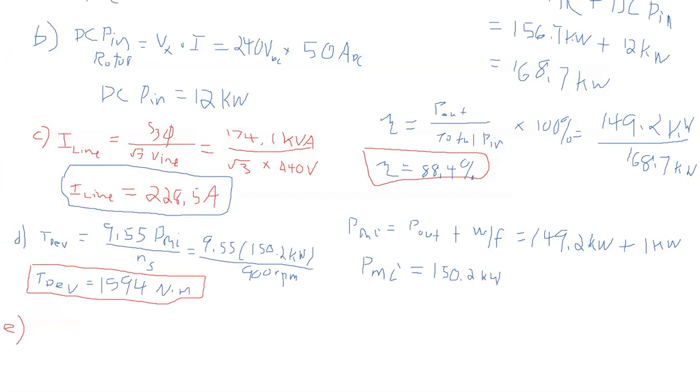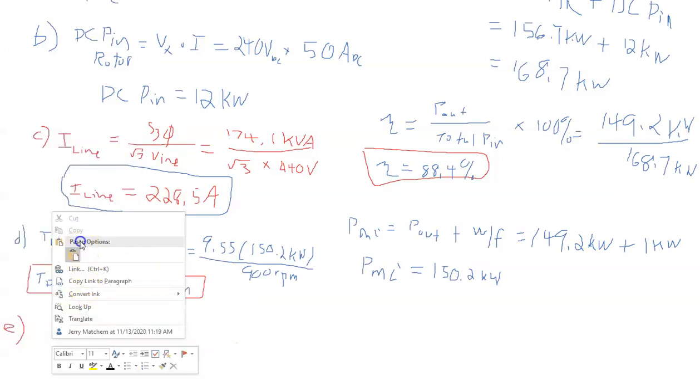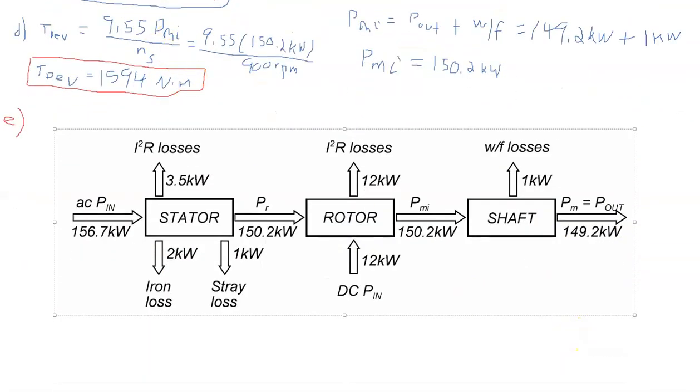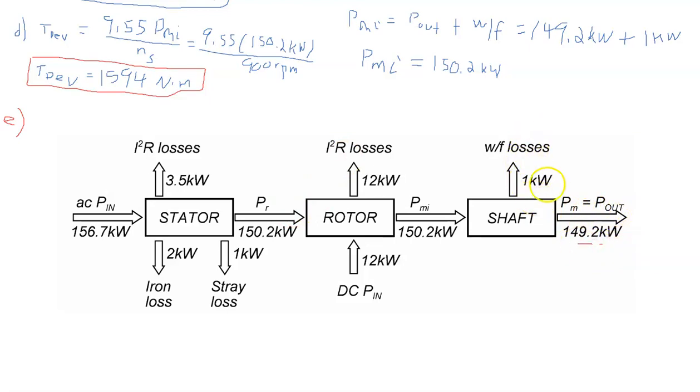Let's see, I should be able to say paste there, right? And here it is. Remember that with respect to our power flow diagram, PM is power out, and that was given. Our windage and friction loss goes on here, and the math here has to add up and match the math in your question, of course.